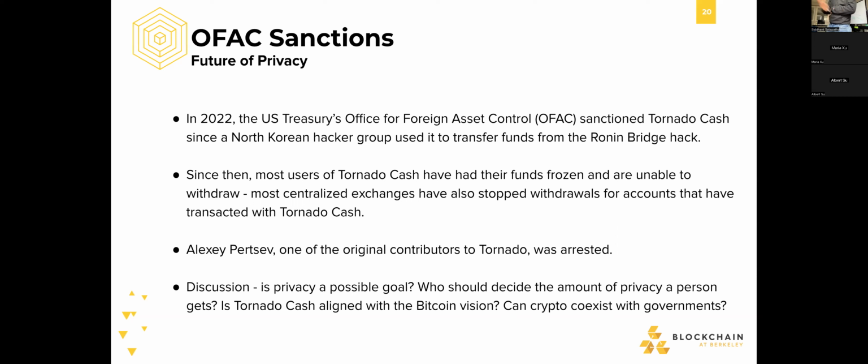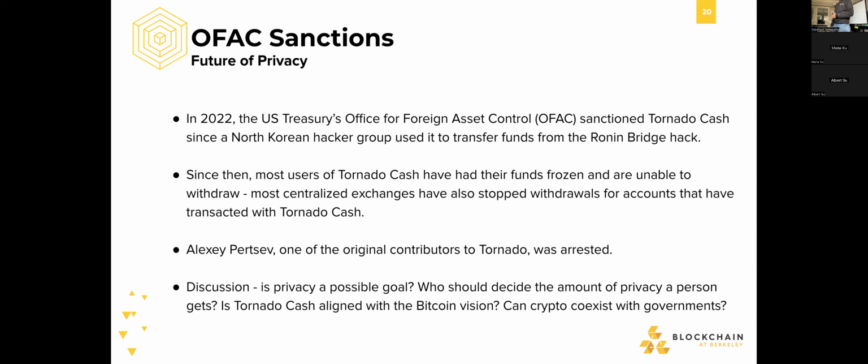Okay, and just to finish off, in 2022, I think it was July, I don't remember the exact date, the US Treasury's OFAC, the Office of Foreign Assets Control, sanctioned a bunch of Tornado Cash contracts.